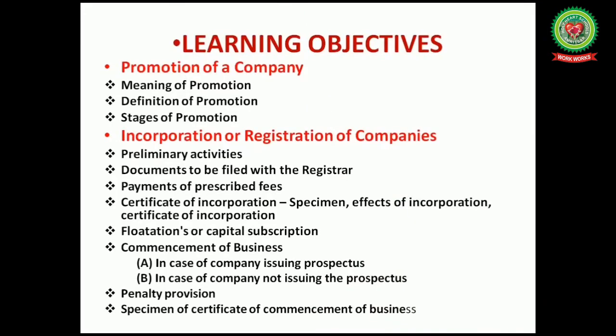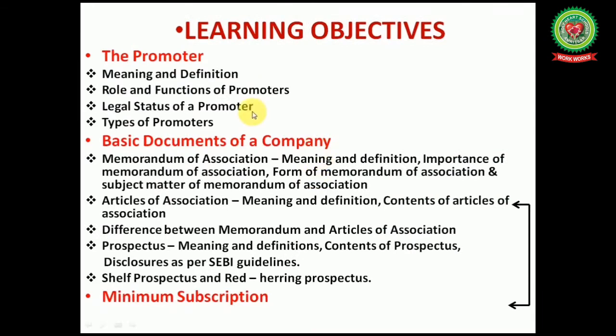So as we had started our chapter 7, formation of a company. In this chapter, yesterday we had discussed the promoter, its meaning, definition, rules and functions, legal status and types of promoters. And in the basic documents of a company, we had discussed memorandum of association. So today we will discuss our next topic, that is articles of association, its meaning and definition, contents of articles of association.